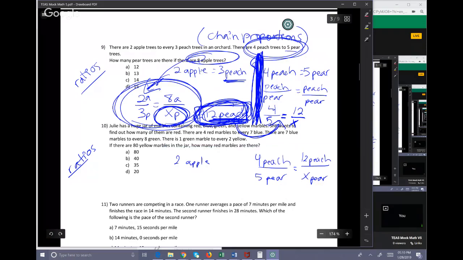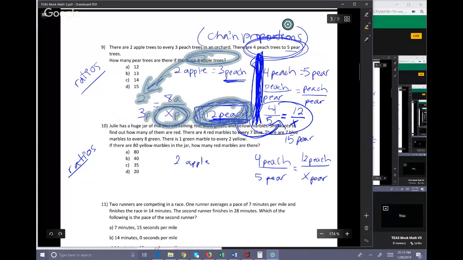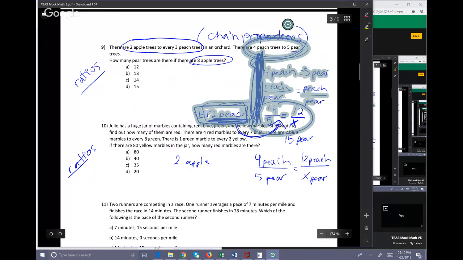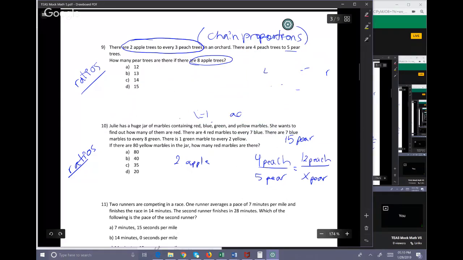So what do I end up finding out? I end up finding out after solving this proportion that would correspond to 15 pear trees. And what I just did is I took the fact that there's 8 apple trees, and I used that combined with this given info here to find out how many peach trees that is. Peach is a magical term that then allows me to access a new proportion that I was not able to access when they told me 8 apples.